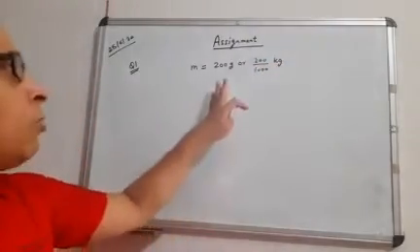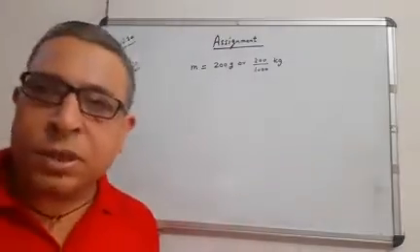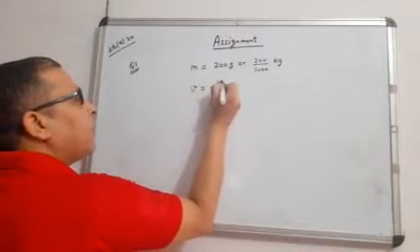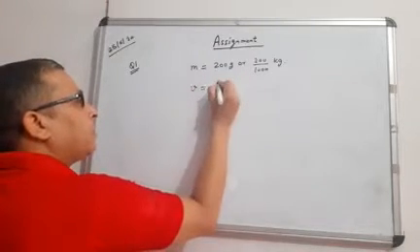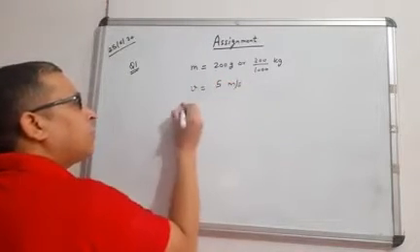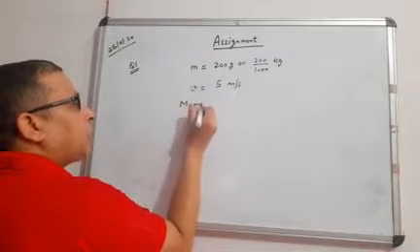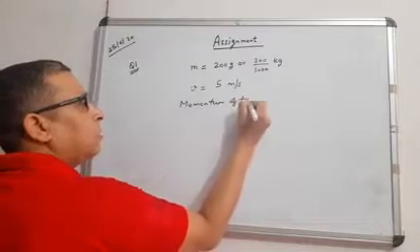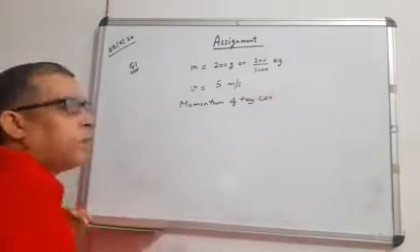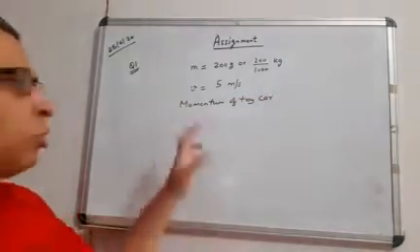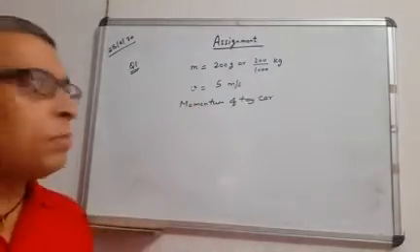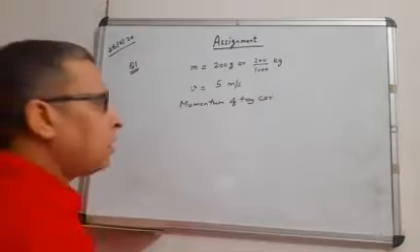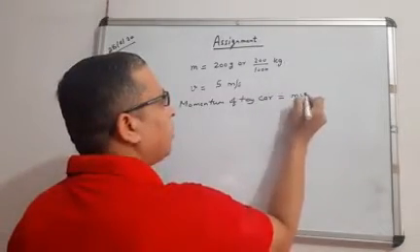I'm again telling you, mass should not be in grams, it should be in kilograms. Then velocity given 5 meter per second. Momentum of toy car. Because velocity has not been specified to you, momentum will be mv or mu. So formula will be mv or mu.